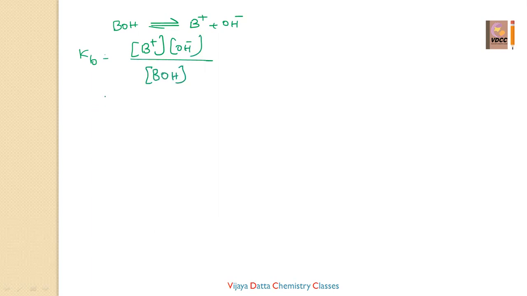So here we want to represent the reaction. The initial concentrations and the concentrations at equilibrium are very important. BOH gives B plus and OH minus. Suppose the initial concentration is C, at time equal to 0. Then there will not be any products at the start of the reaction. After some time they reach equilibrium.